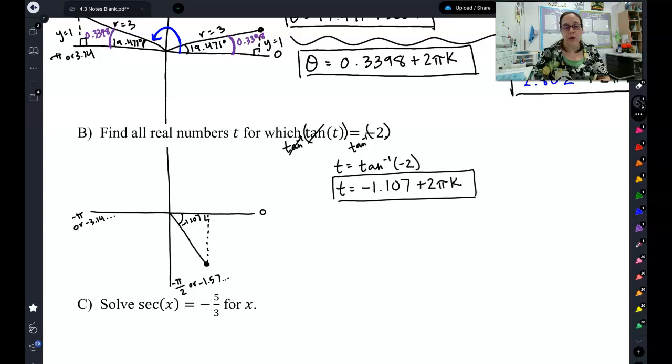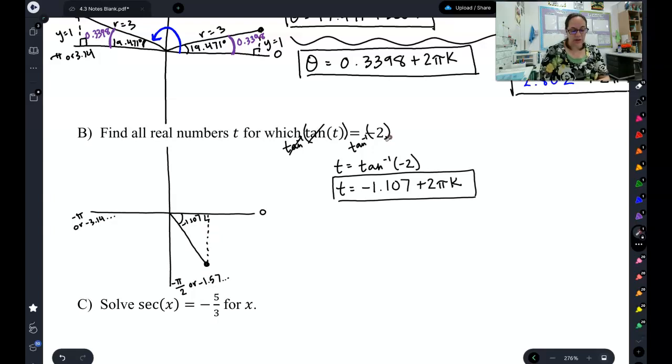However, we know that there's a second triangle. So what other quadrant is going to give me a negative tangent answer? Well, I know that quadrant 2 will also have a negative tangent answer. So I also have another triangle here, and the reference angle for this triangle is going to be 1.107.